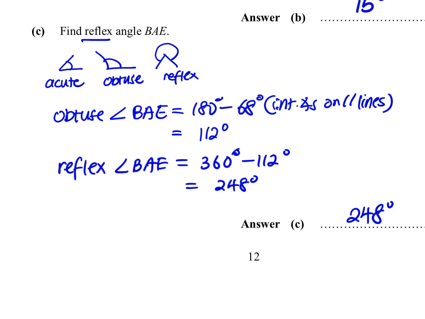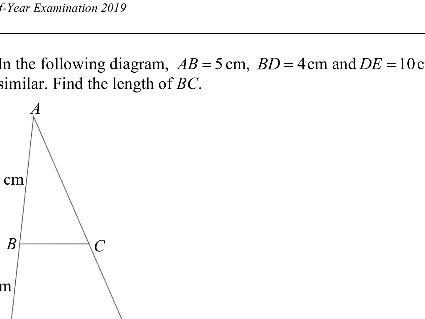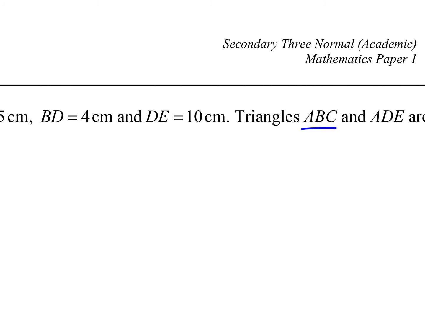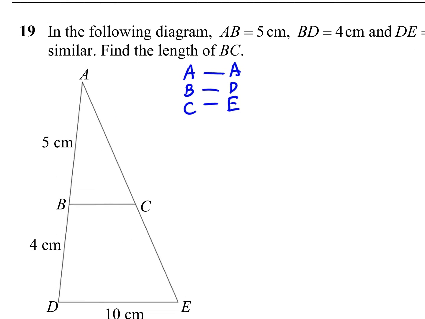Alright, next question. When you see that they are similar, always write down the matching labeling. Triangle ABC and triangle ADE. That means I have ABC matching with ADE. How do we know? It comes from here. Then match the information you have.